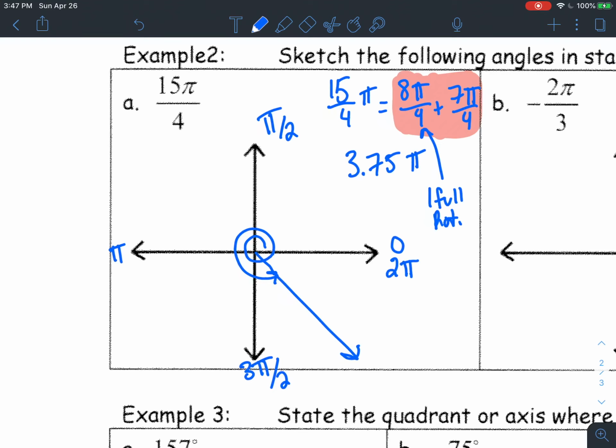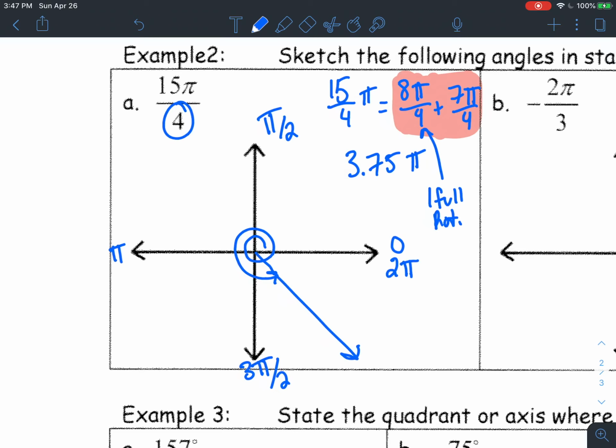The other way you could split this up is if you know that half of your circle, so half of this rotation from 0 over to pi, and you're dealing with something in terms of fourths of pi, what you could do is make dotted lines on here that split it up into pi over 4 pieces. So this whole rotation, 1 full turn would be 2 pi.